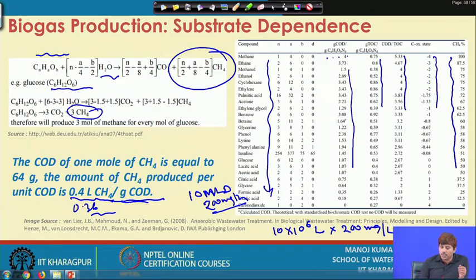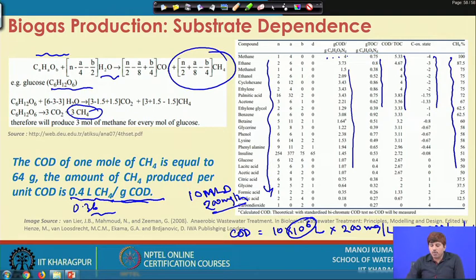If we convert milligram to kg by removing the 10 to the power 6, the total COD coming into the system is 2000 kg per day.